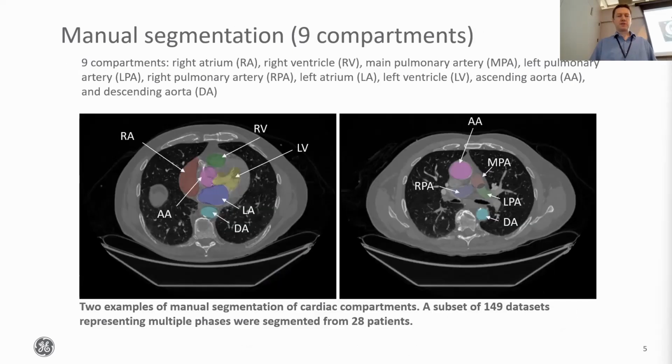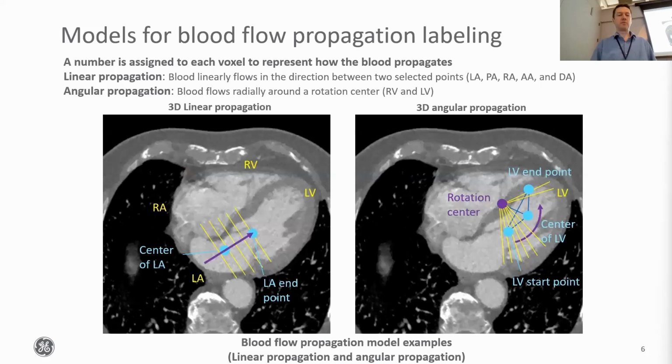So in addition to just segmenting, just labeling these objects with one of these nine labels, we also introduced the blood flow propagation labeling, which is a number that increases continuously even within a single object.